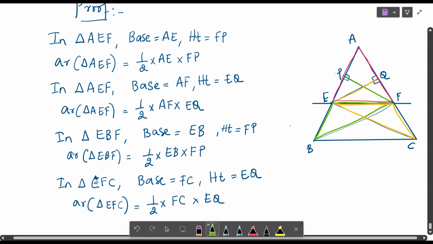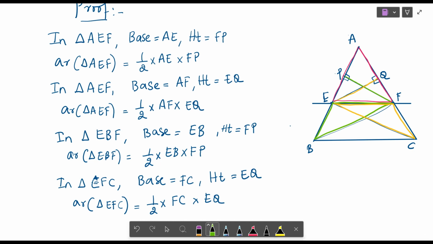I am going to divide AEF with base AF, or otherwise, this one. Here if you observe carefully, AE and FP are there, no? So height FP is there. Where is height FP? Here. So for this triangle it is there. Understood? So these two areas I am going to divide.